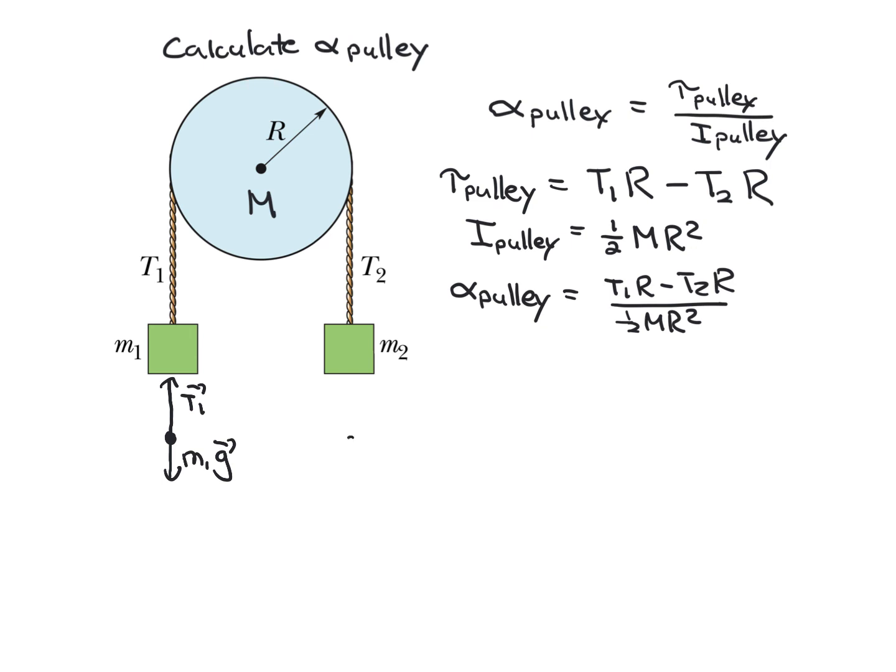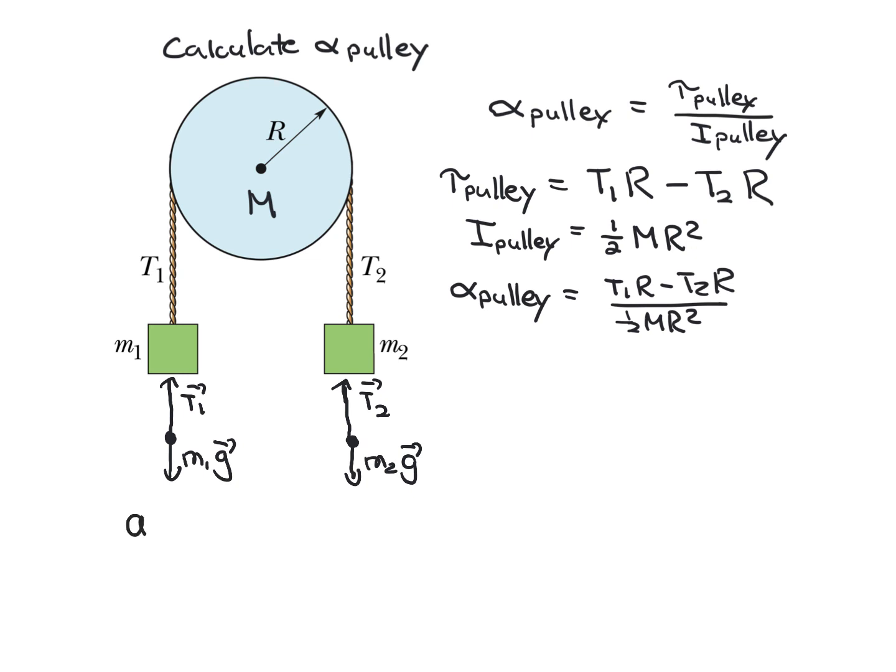And similarly, for mass number two, same deal. There's a downward gravitational force, M2 times g, and some upward tension force, T2. And we don't know the magnitudes of these tension forces yet. But there is going to be a net force on each of these masses, and that is going to result in an acceleration.